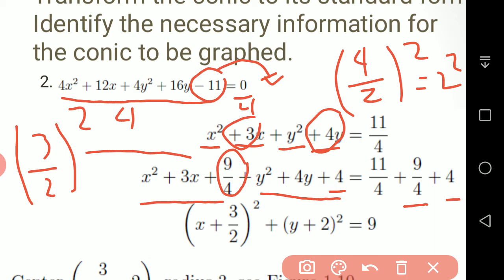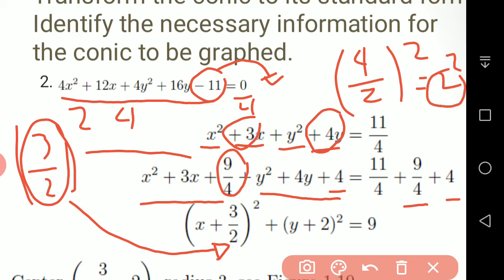Transform them into squares of binomials. We have 3 over 2 here, the unsquared part, and 2 over there. Simplifying that, 11 over 4 plus 9 over 4 plus 4 is equal to 9.